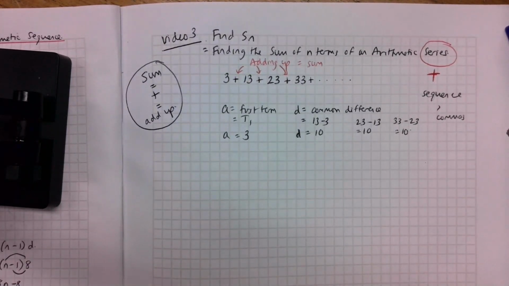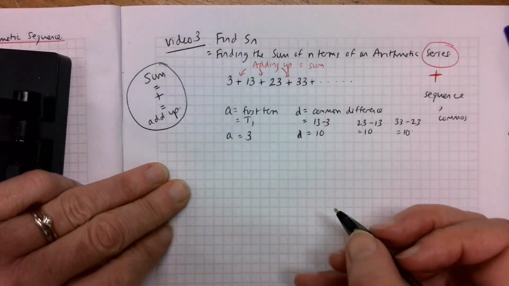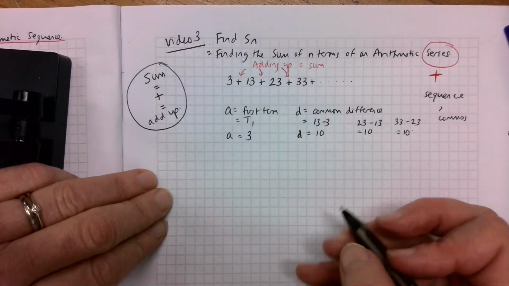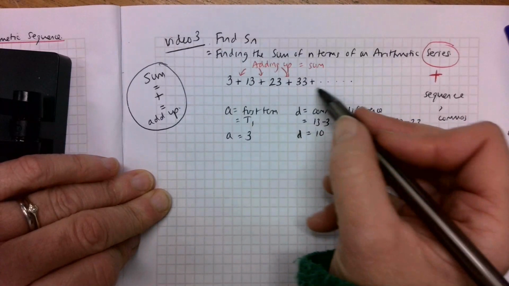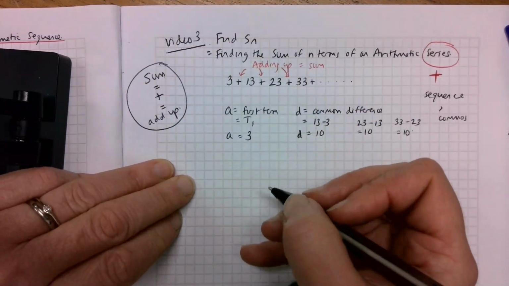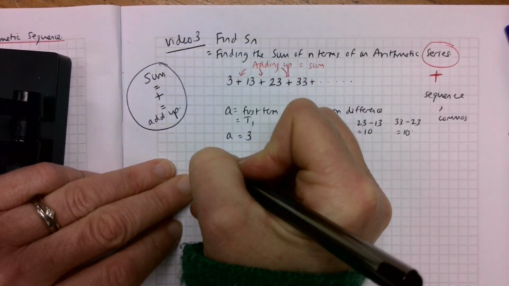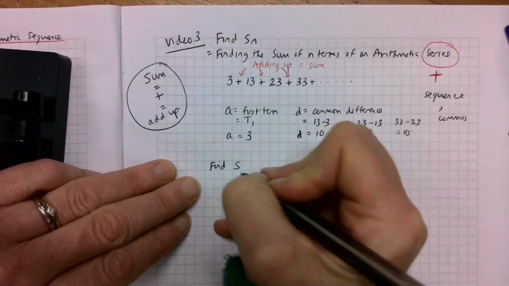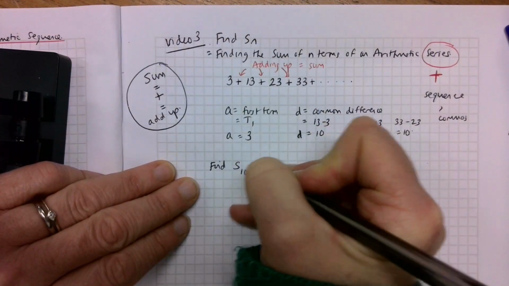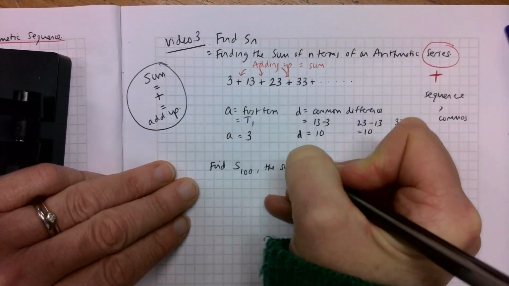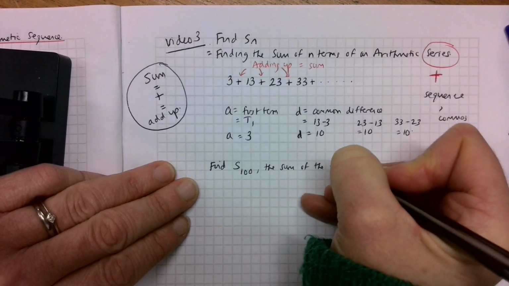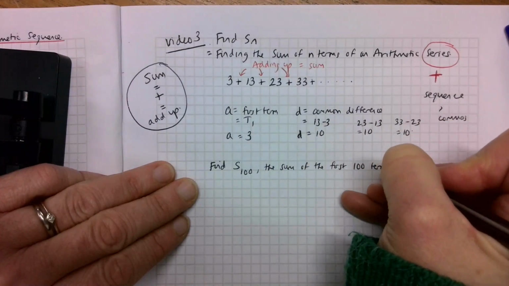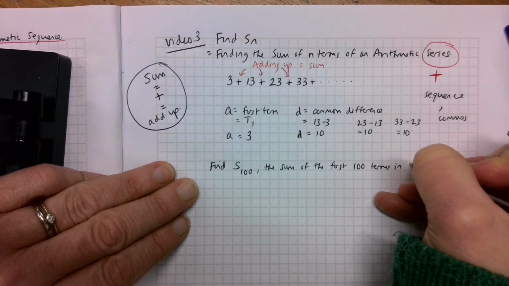Now, 3 plus 13 plus 23 plus 33. What we have is we're adding them up. So our questions will generally be find S, something like this, S100, the sum of the first 100 terms in the series.